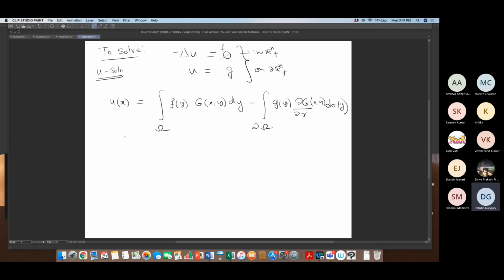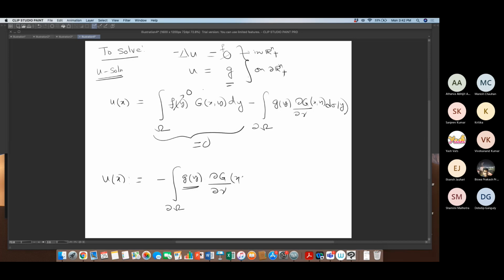So if f equal to 0, what will happen to the first term? It will be 0, because f equal to 0. So now the equation boils down to the integral over del omega of g(y) del G by del nu, because this g is given, right? This is the answer, yes or no?